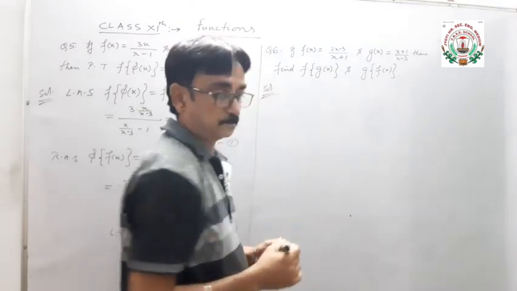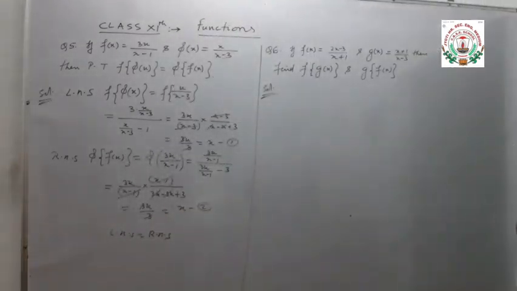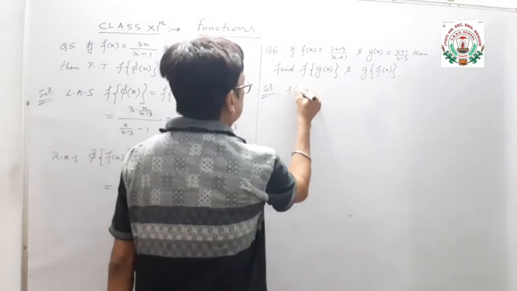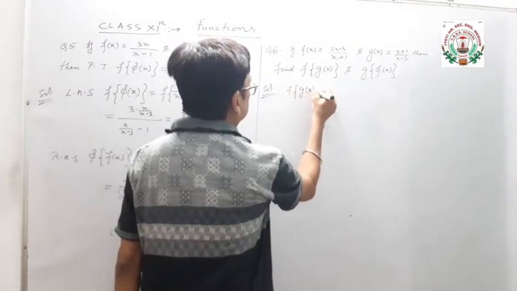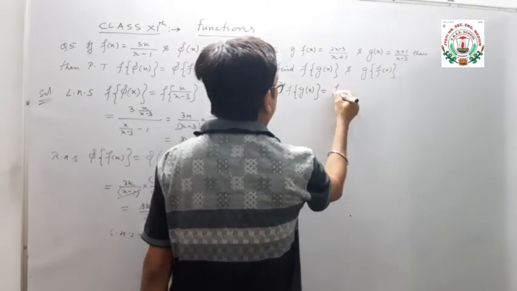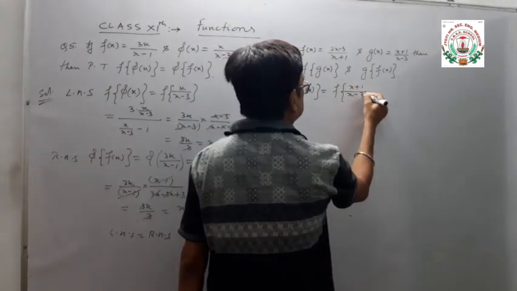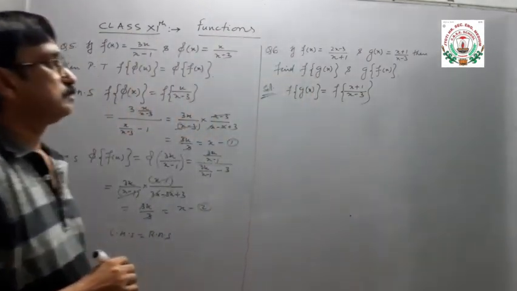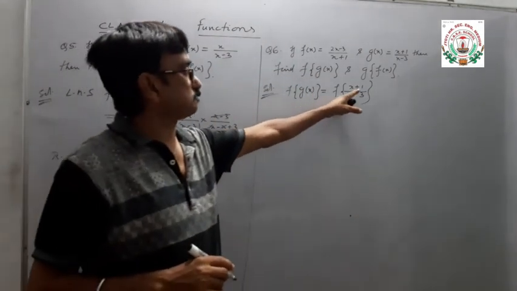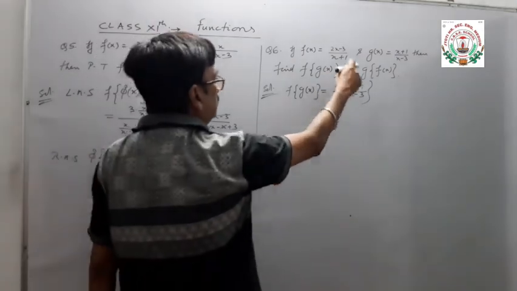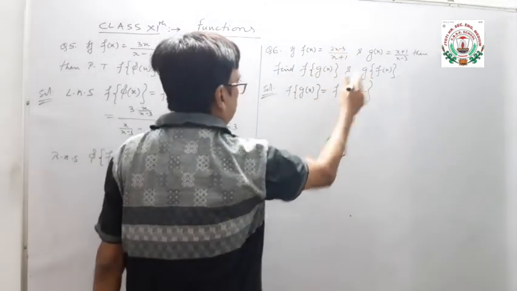Solution. For calculating f of g of x, f of x, in place of x we substitute g of x, which is x plus 1 upon x minus 3. Now it becomes a function of x; everywhere in place of x we have put the whole value.